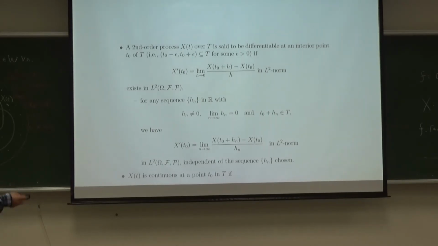That's fine, because t0 is an interior point, so if h_n is small enough, then it will be in the set T. And so the derivative here is the limit of the sequences with the time parameter h_n.